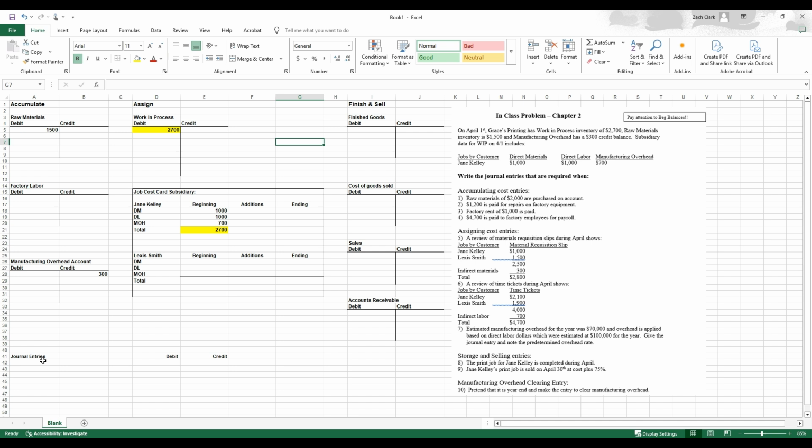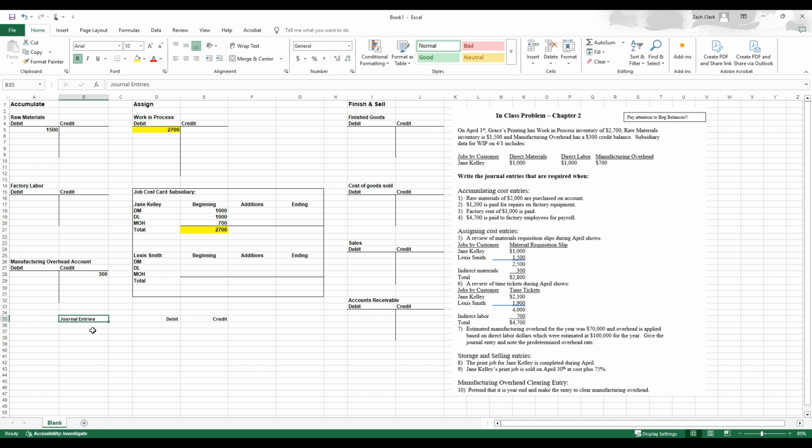And now let's do some journal entries down here. So I'm going to cut and paste this up a little bit higher so I don't have to scroll much when I'm doing my problem here. And so the first journal entry is we purchased $2,000 of raw materials on account. So I'll put raw materials. That'll be our debit. Let me do it here.